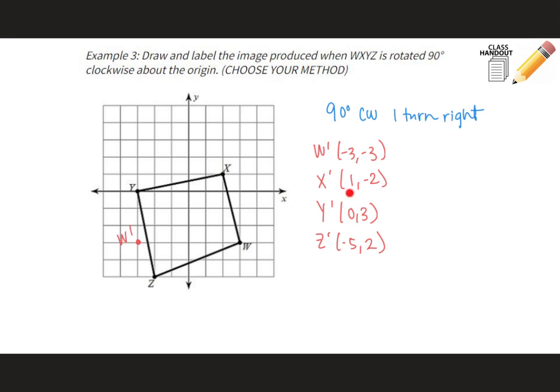Now we're going to do X, which is 1, -2. So this is X prime. Next, we're going to do 0, 3. So 0, 3. That's Y prime. And then lastly, -5, 2. So -5, 2 is going to be here. So there's Z prime.